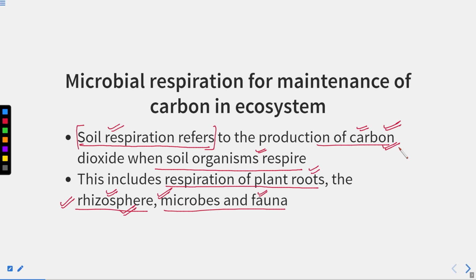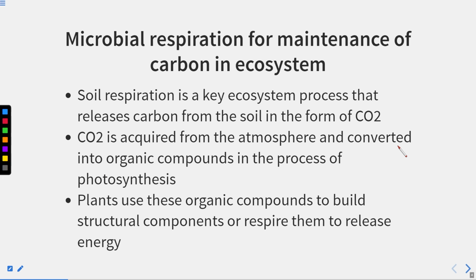So we can say that this is the microbial respiration that maintains the carbon in the ecosystem. How? Soil respiration is the key ecosystem process that releases carbon from the soil in the form of carbon dioxide. Soil respiration means the respiration that is taking place in the soil microorganisms, right?